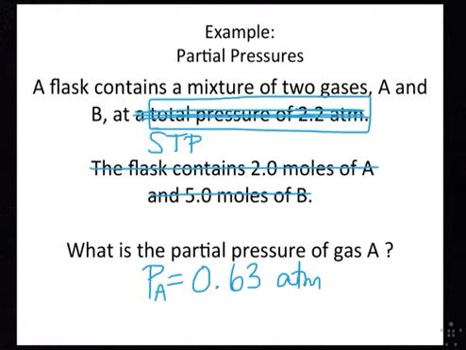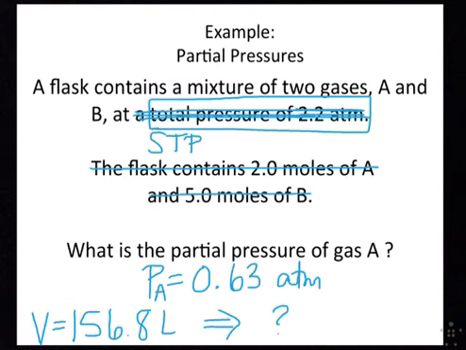And we want to know now if we have a volume of 156.8 liters, now how many moles of gas A would that be?